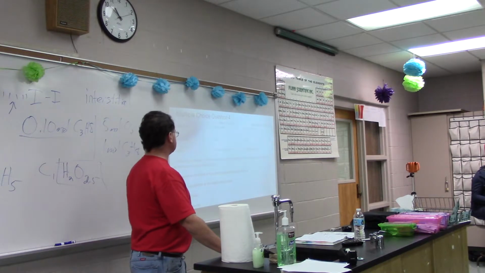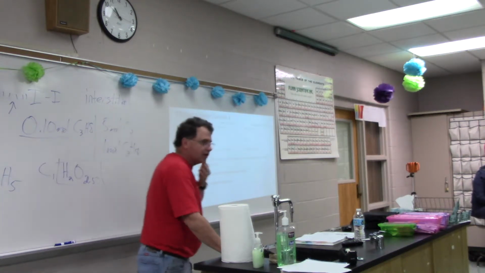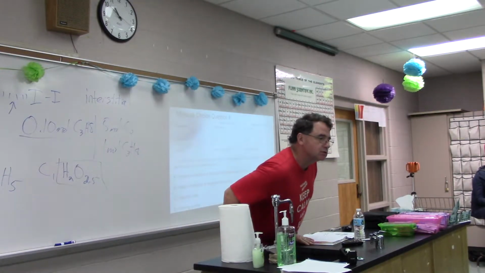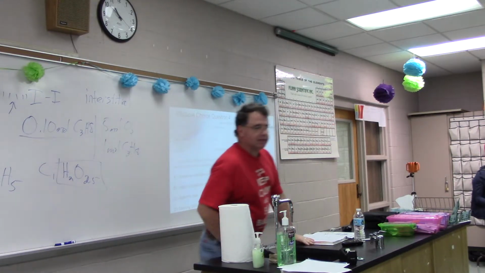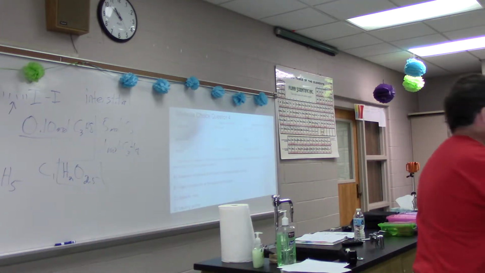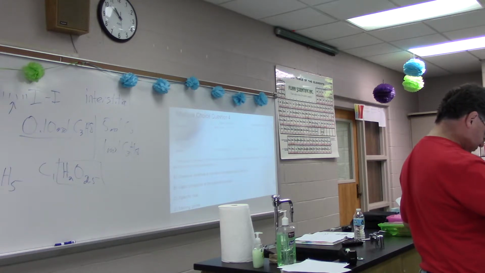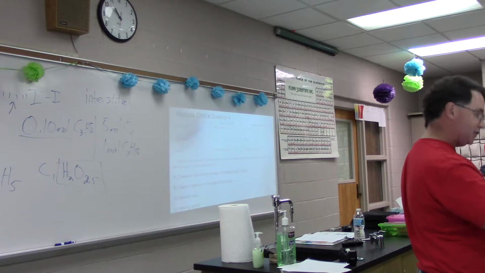Alright, so look at question number 4 for me. And go ahead and have that discussion, I think on y'all's printouts. Let me borrow this for a second. This is ethanol right here, CH3CH2OH.